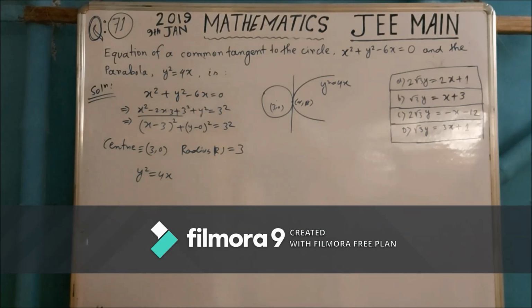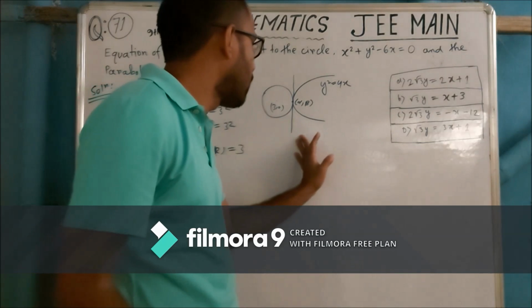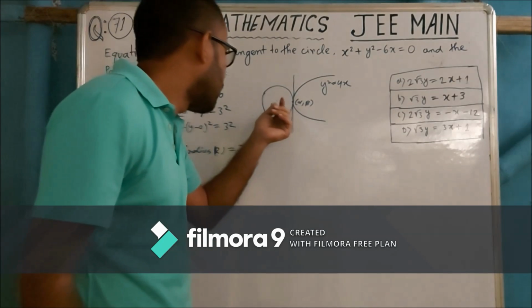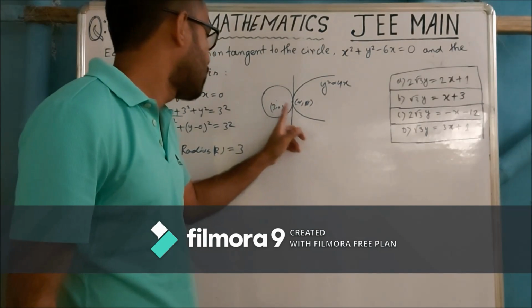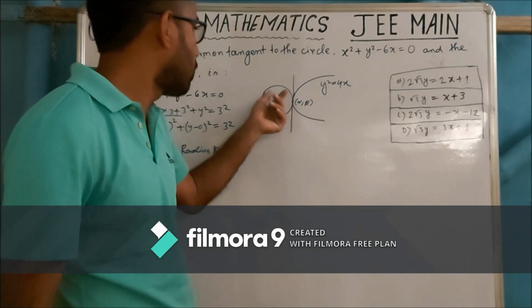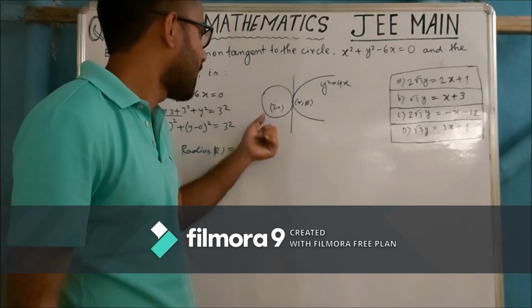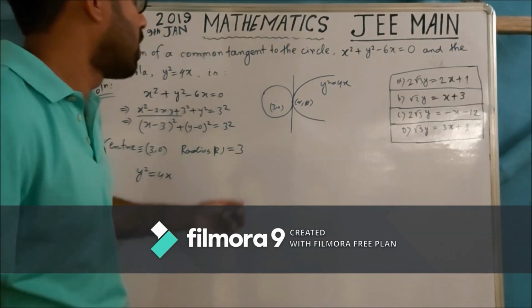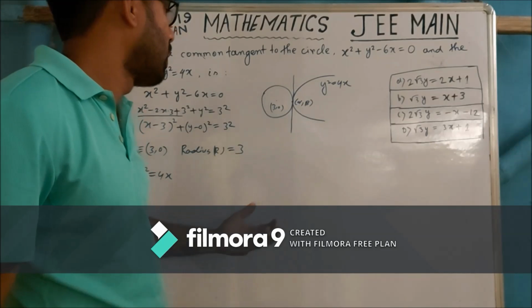So we first find the tangent to the parabola, and next we find the perpendicular distance from the center of the circle to the line, which is equal to the radius of the circle. Then we get a condition for alpha and beta, and solving for alpha and beta we get the required tangent.